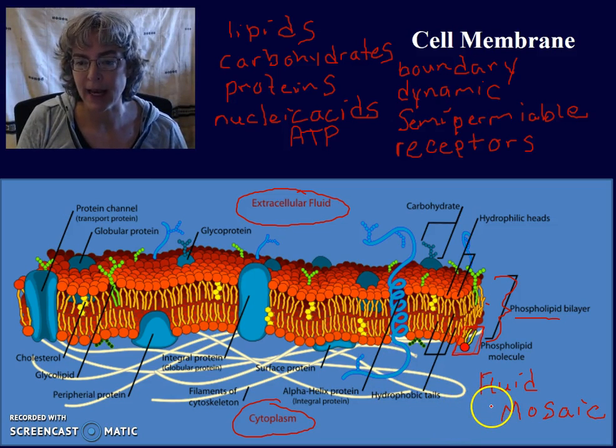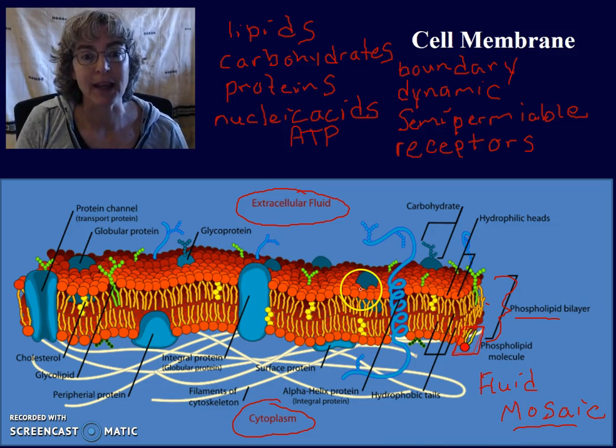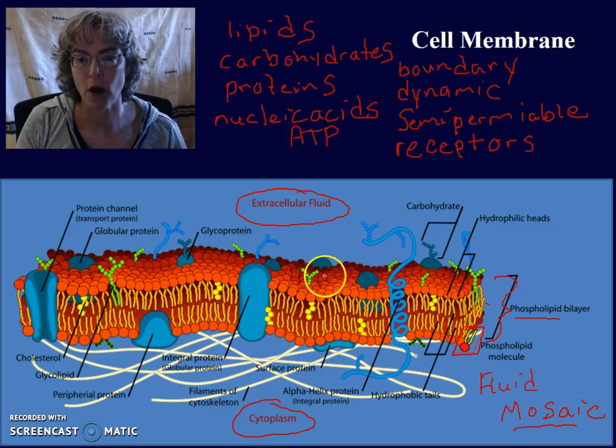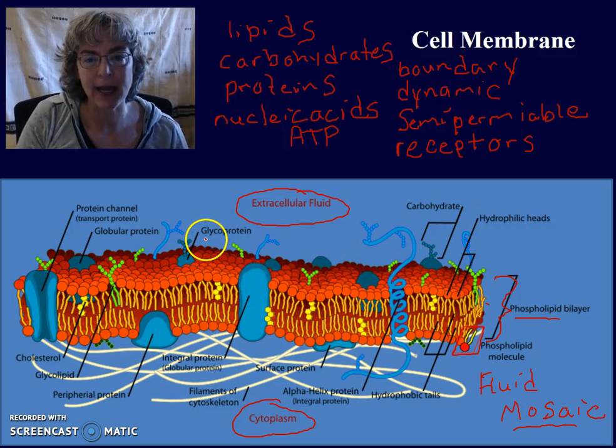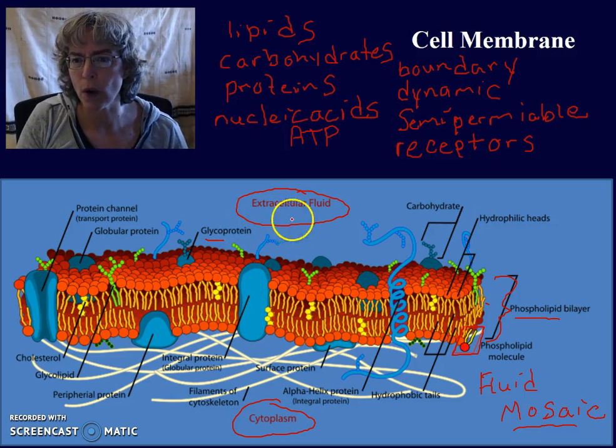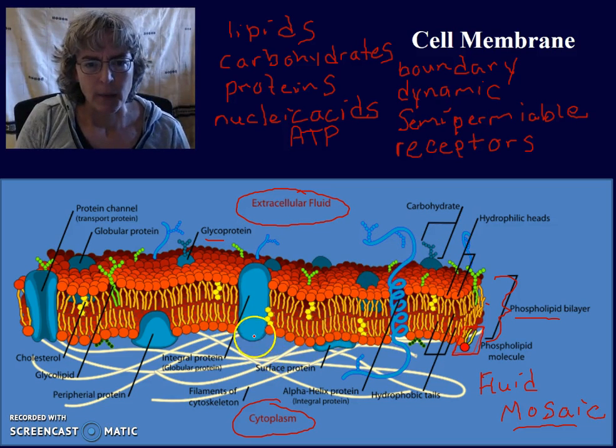And a mosaic because there's many things in it besides the phospholipid molecule. There's also proteins and glycoproteins. Glyco means sugar in this case, so it's a sugar protein molecule. Or there's also lipids, glycolipids. Oh, here, glycolipids.